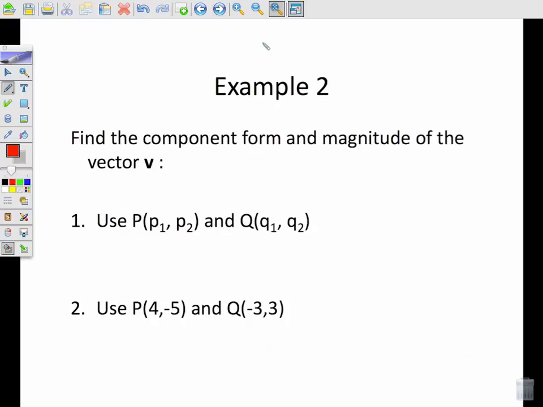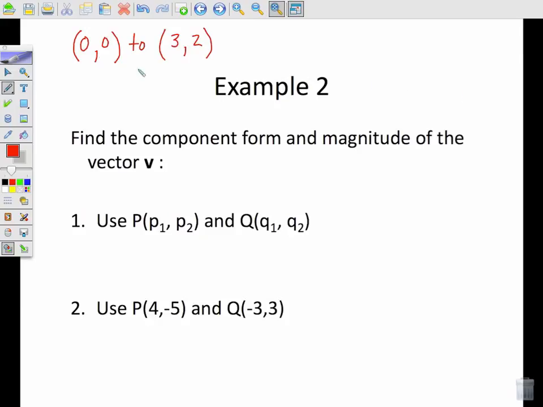All right. Looking at our next example, it says find the component form and the magnitude of vector v. Well, component form is where you take an ordered pair. Let's say you've got a vector from the origin 0, 0 to 3, 2.